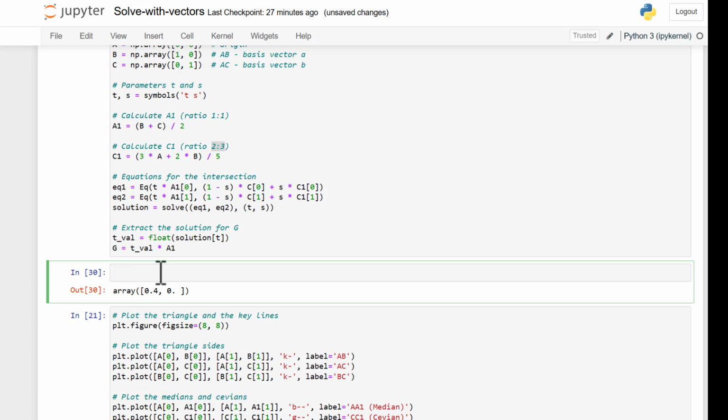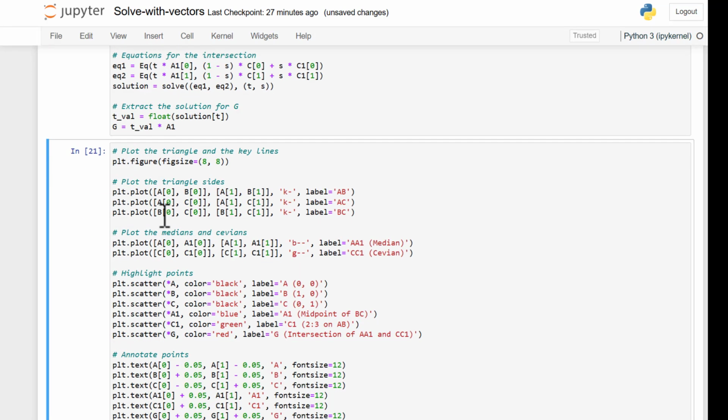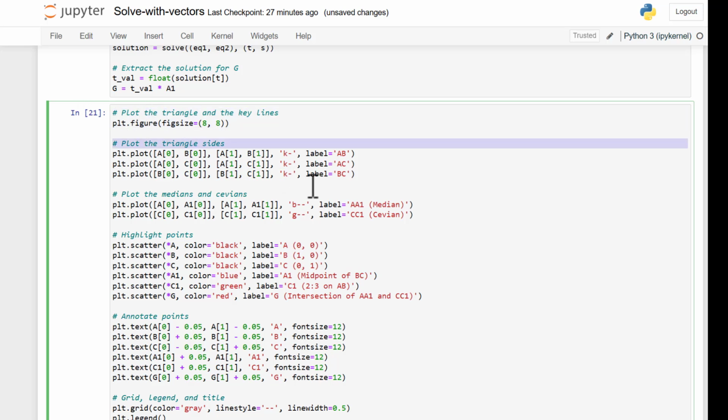It would be easier once you take a look and understand the whole thing later, once we plot it. And now for the plot, that's the figure, that's the size, that's the medians and the Cevians, depends how you read the names of the famous Italian mathematician.